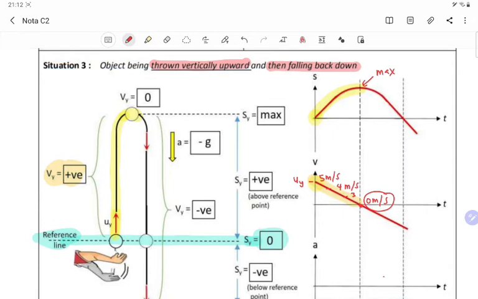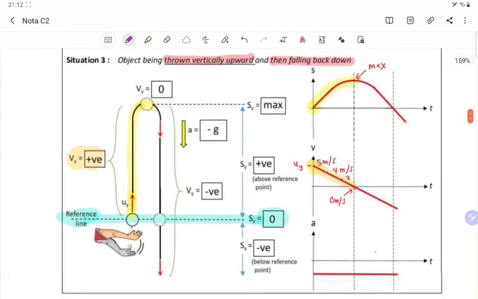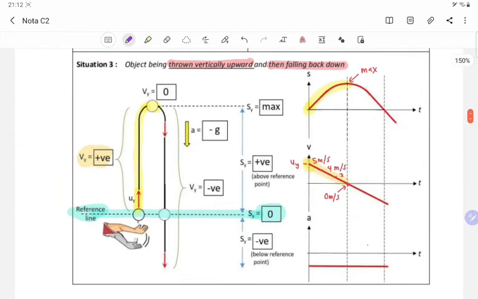Bila dia berhenti, jadi VY dia mestilah sama dengan 0. Okay, so the first thing yang awak kena ingat adalah pada maximum height, VY sama dengan 0. Ini penting untuk awak ingat. Okay, now kita nak sambung.